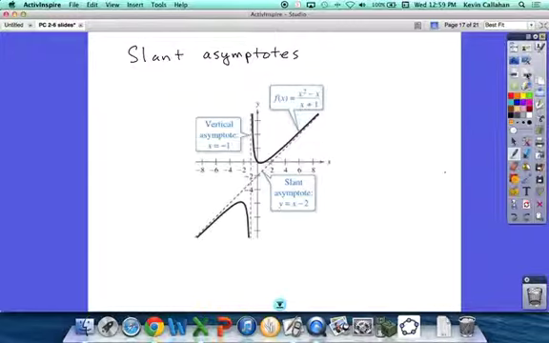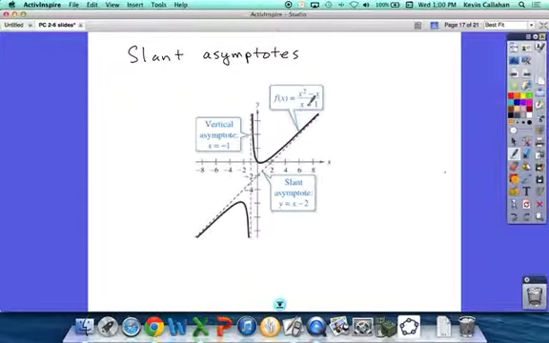You get a slant asymptote when the degree of the numerator is exactly 1 more than the degree of the denominator. So if you see in this problem right here, x squared in the numerator, x to the first in the denominator, clearly there's no horizontal asymptote because of that, but there is going to be a slant asymptote.